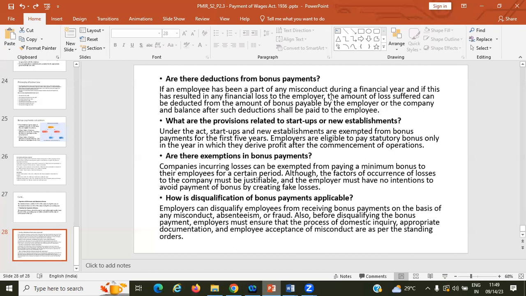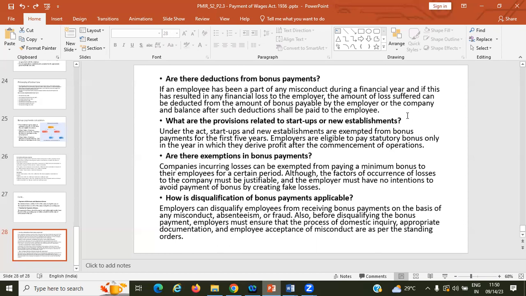That means suppose someone has created any loss to the factory, to the owners, to the employer, then you are adjusting that amount from the bonus. That is what is mentioned by the employer at the company. And the balance after such deduction shall be paid to the employee.